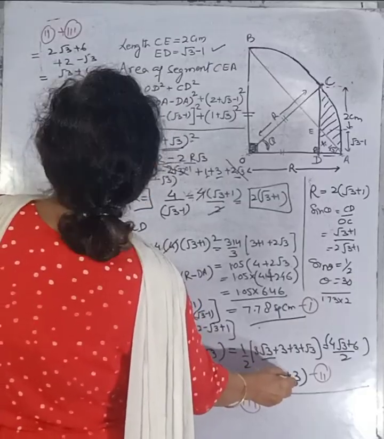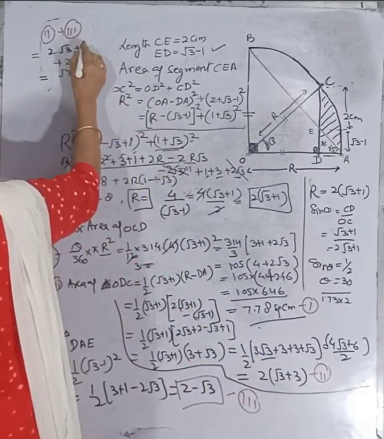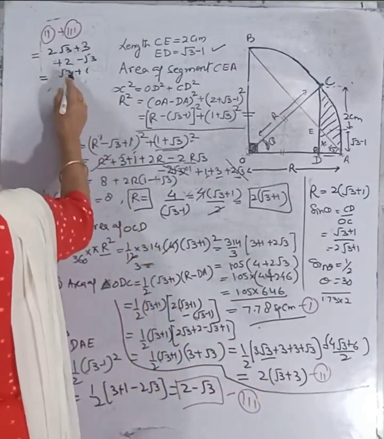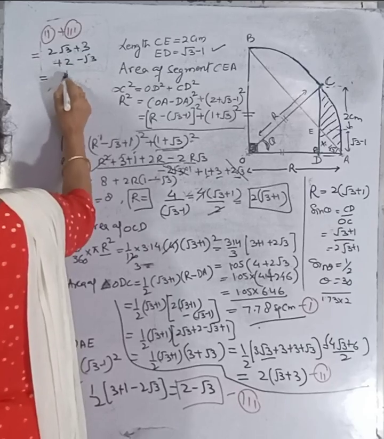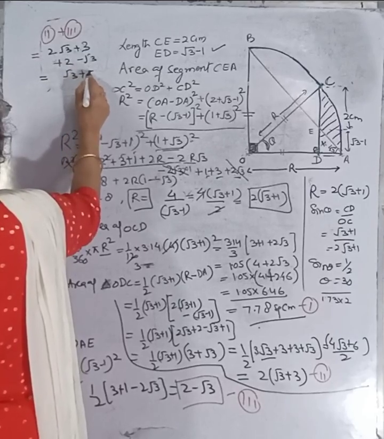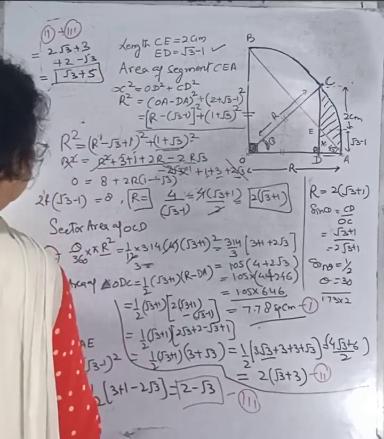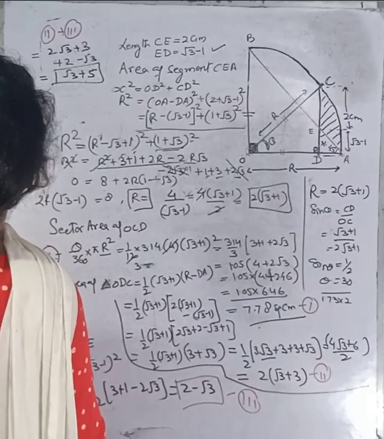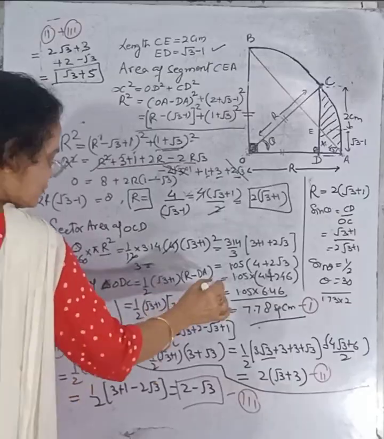It will be 3. Plus 3. It will be 3. This is root 3 plus 3. Okay. This will be equal to root 3 plus 5. Root 3 plus 5. This is the value of this addition. Okay. Now, this is to be subtracted from the first one.